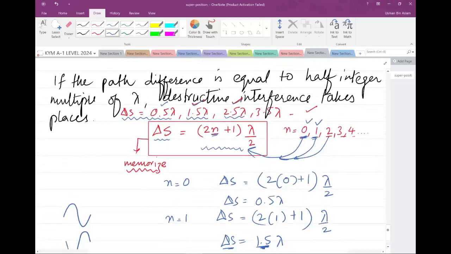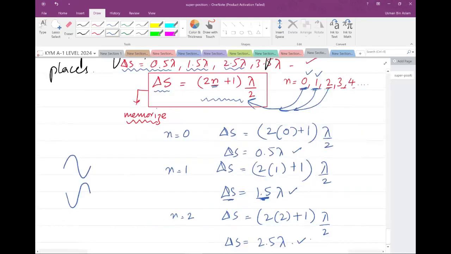That's what I'm telling you, this formula only works for whole numbers to give you half integer, non-whole number path differences. That's the beauty of this equation. The path difference is supposed to be half of an integer. This n has nothing to do with the path difference. This n is just a number that you can substitute in the formula that will give you half integers.